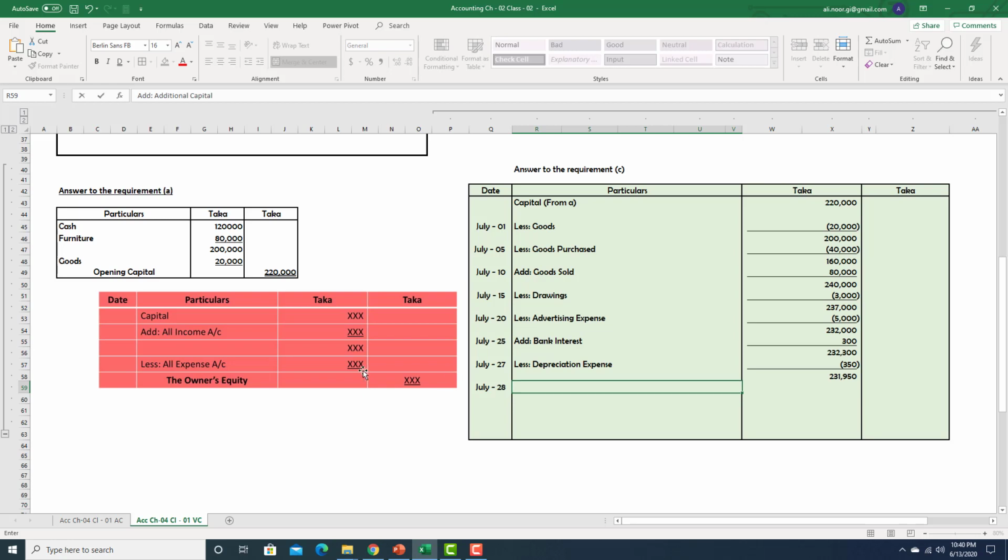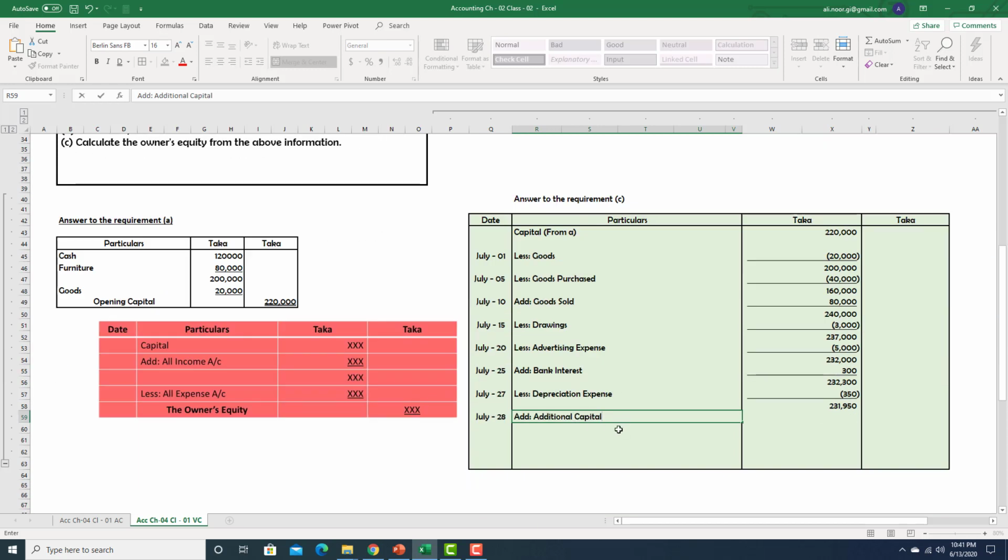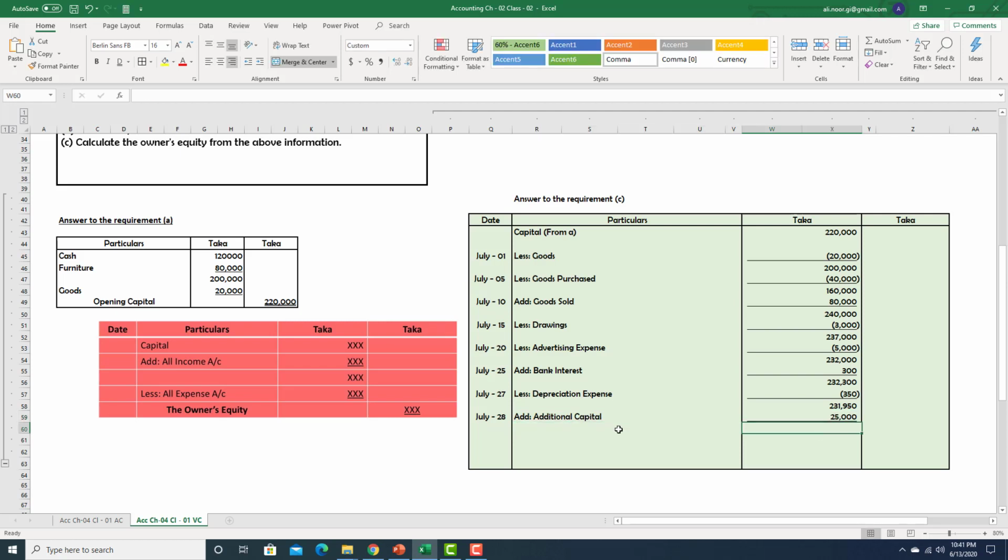Since the business owner paid the loan on behalf of the business, we know already that anything brought by the owner into the business is considered capital. So as this is money brought by the owner, I am writing here additional capital, and this is 25,000. It will increase the owner's equity.